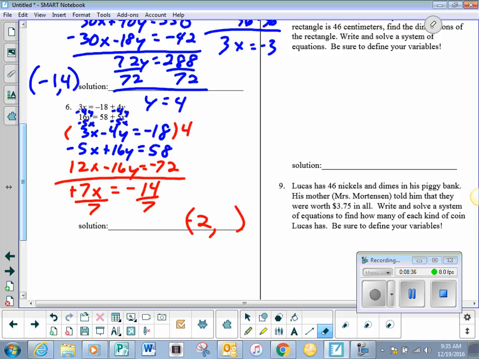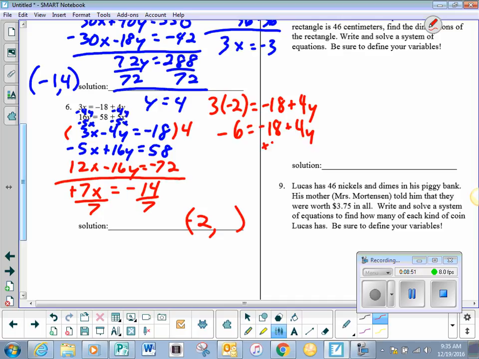What's our y? Well, 3 times negative 2 equals negative 18 plus 4y. I'm just plugging back into the original equation. Negative 6 equals negative 18 plus 4y. Add 18. So 12 equals 4y. y equals 3.